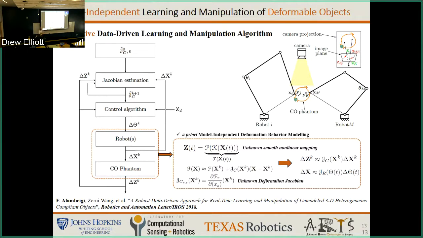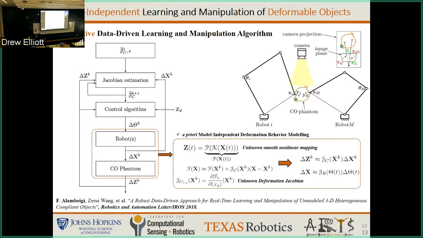If it's smooth, I can differentiate, simplify, or linearize that model and represent the relation between input and output simply with an unknown Jacobian. J_c here represents the deformation of that object locally, and it can change.